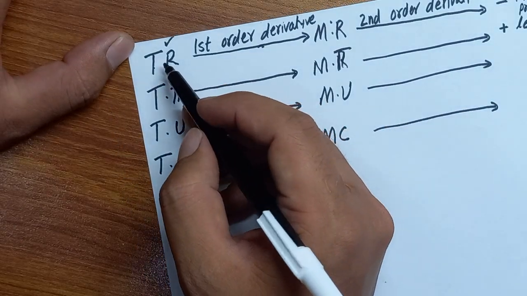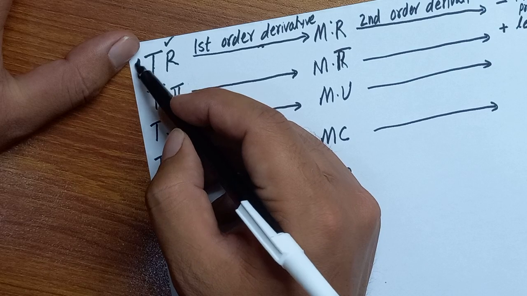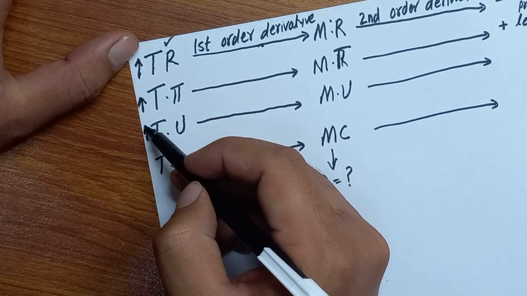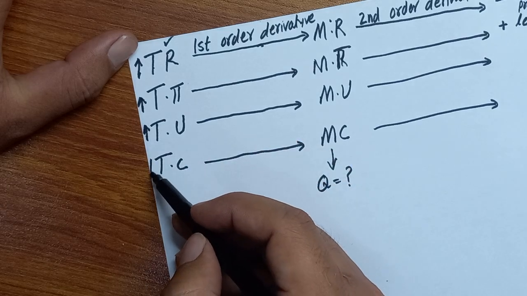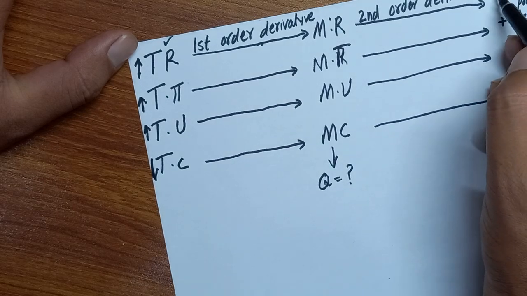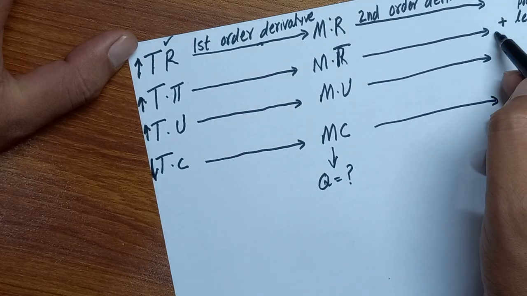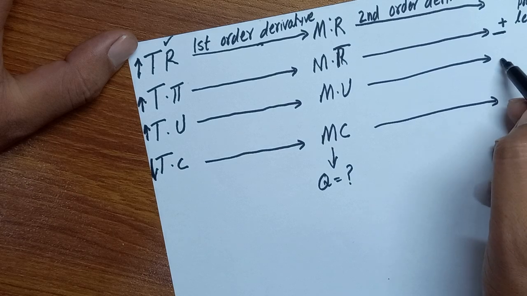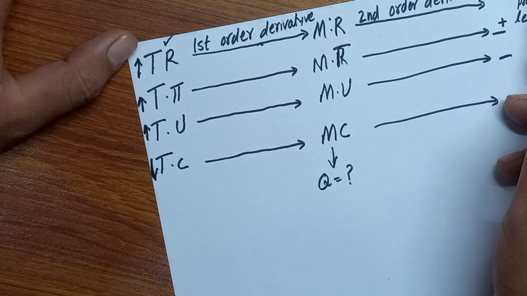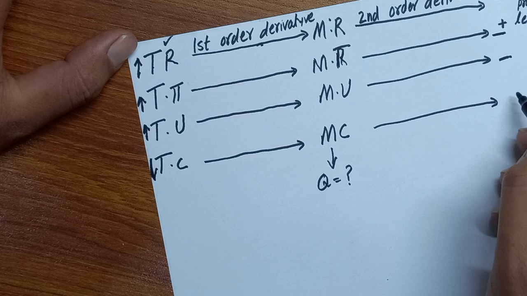We will increase the revenue, we will increase the profit, we will increase the utility, but we will decrease the cost. We will try to have a negative value here, because negative means more profit and positive means less. But for cost, we will find the positive value.